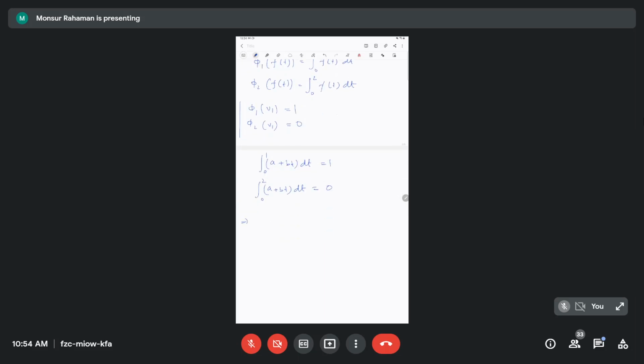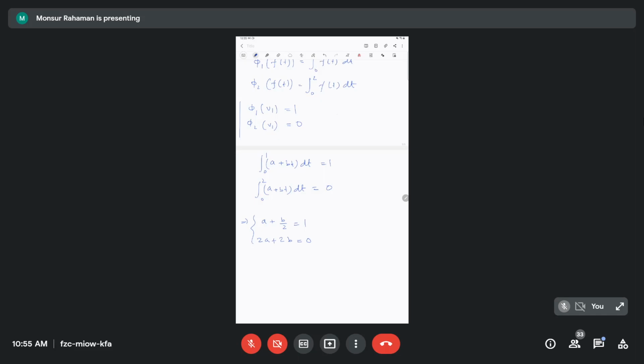So this gives a plus b by 2 equals 1, and 2a plus 4b by 2, which is 2b, equals 0. This is the equation.